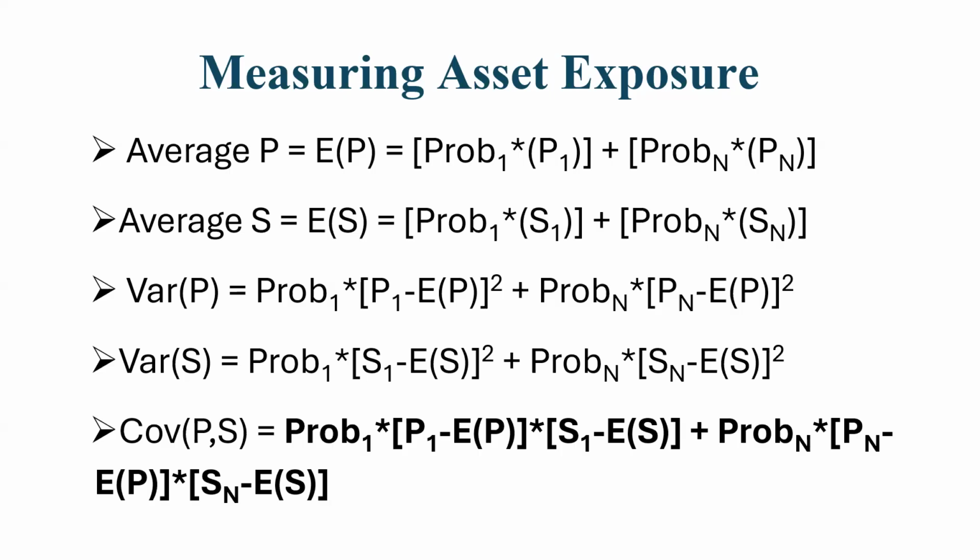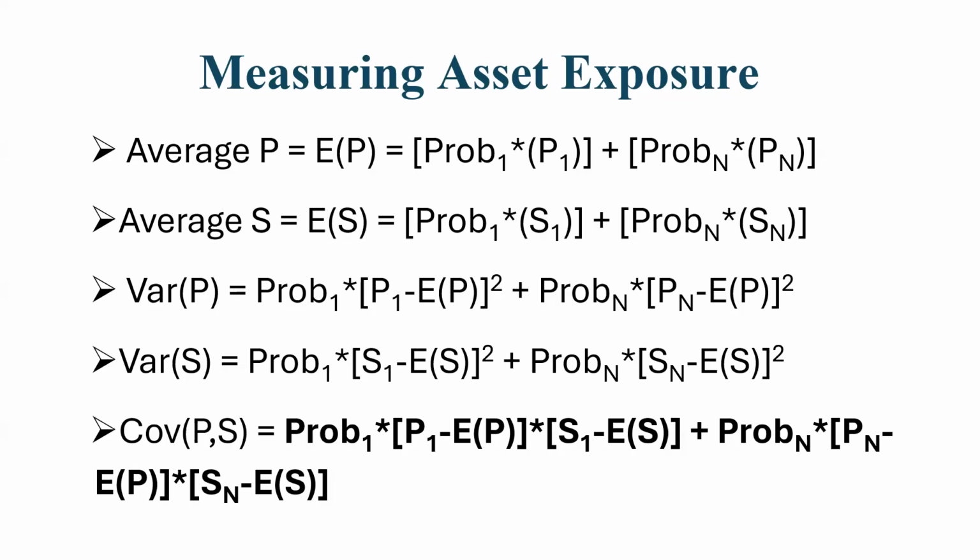Similarly, for the average of the exchange rate, which is also known as the expected value of the exchange rate, E of S, we'll consider the various scenarios possible for the exchange rate. And for each of these scenarios, it comes with its probability.